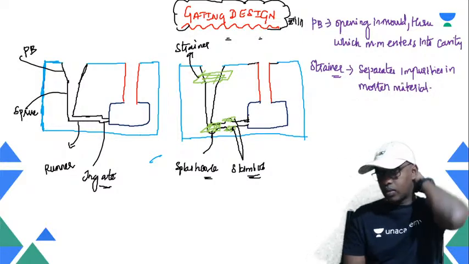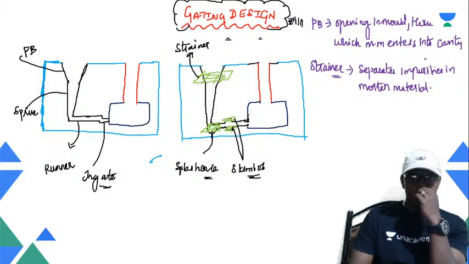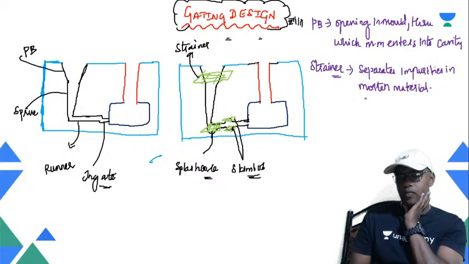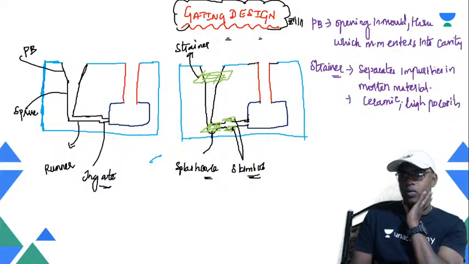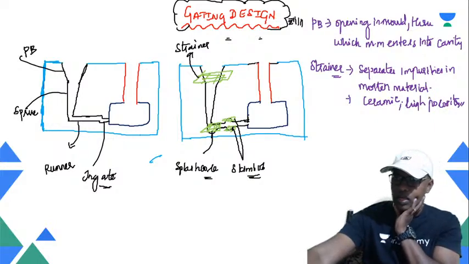Separates the impurities in the molten material. Okay, and it's a ceramic of high porosity. You can write this information, ceramic of high porosity. So these are the terms that we all have to note down. Okay, so this is about the terms.